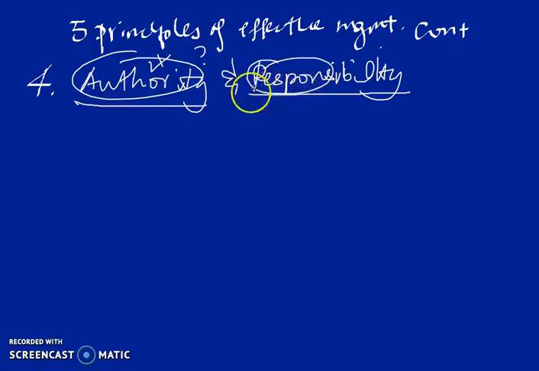For example, janitors have the responsibility to clean the classrooms, so they must also have the authority to unlock the classrooms too. Otherwise, they cannot perform their task.